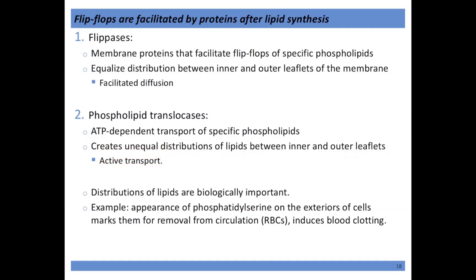So the take-home message is that the distribution of lipids is biologically important. If you remember, phosphatidylserine is almost exclusively found on the interior. If you move it to the exterior of cells, especially on red blood cells, that indicates that they need to be removed from circulation, and it also induces blood clotting.